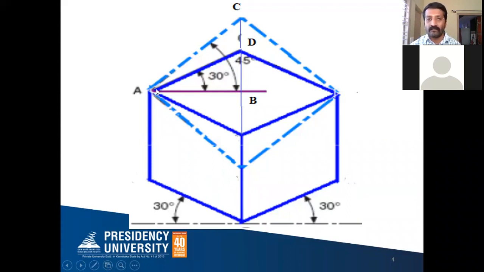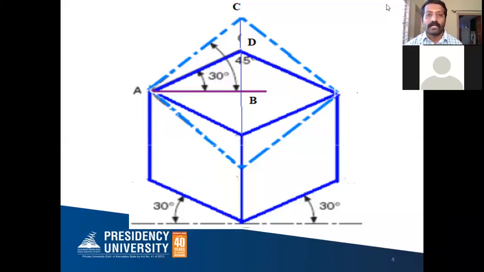If I take from the middle, the diagonal is half of that, 45 degrees on either side, here 45 degrees means here also I should get 45 degrees. So the dotted line will give you the actual length, and this 45 degrees will give you the actual inclination of your cube when the top of the cube is seen.